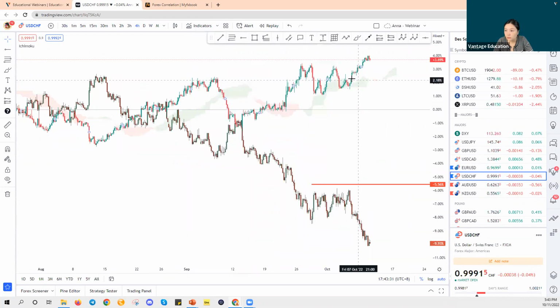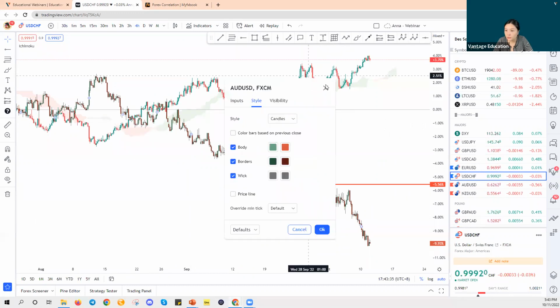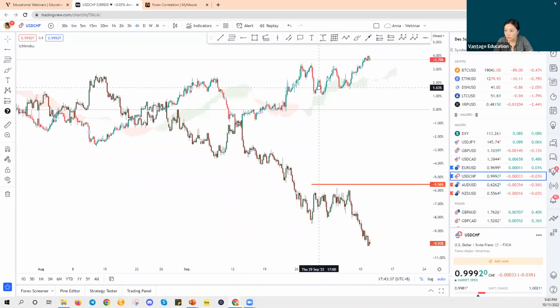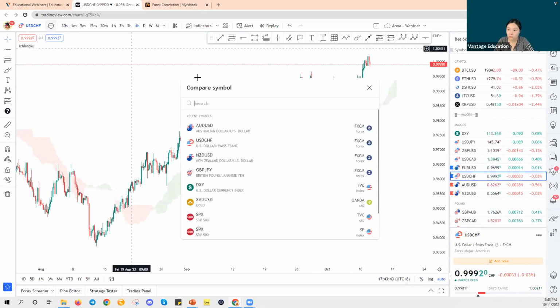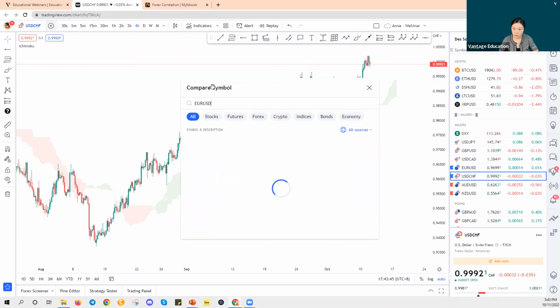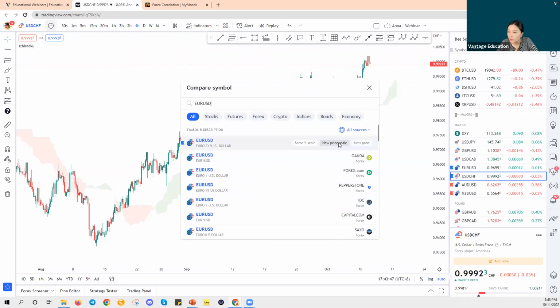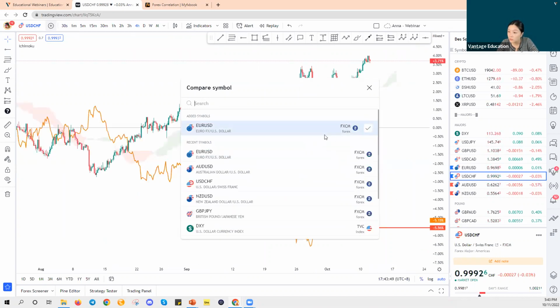Okay, so this is USD CHF, let me delete, one second. Okay, USD CHF and let me add Euro USD. New prices, same percentage scale.